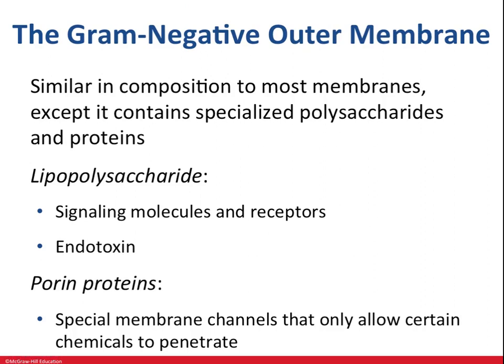Now the gram-negative outer membrane. Gram-negative cells have three layers. The outer membrane contains polysaccharide and protein, and this is called lipopolysaccharide. That means it is a lipid conjugated with a polymer of sugar.